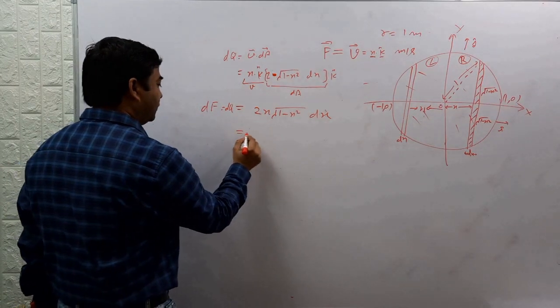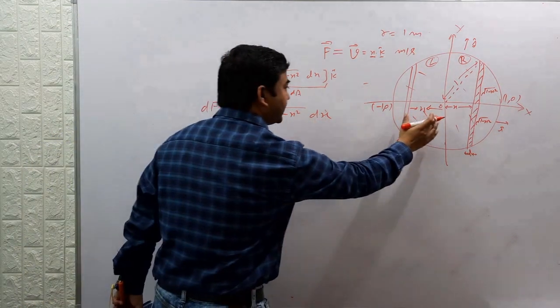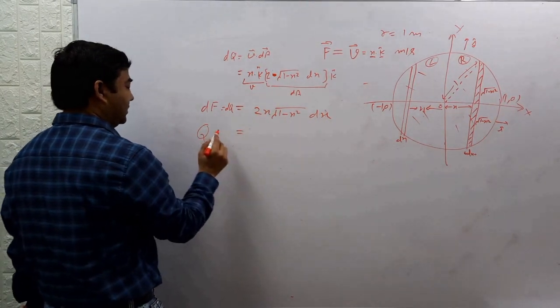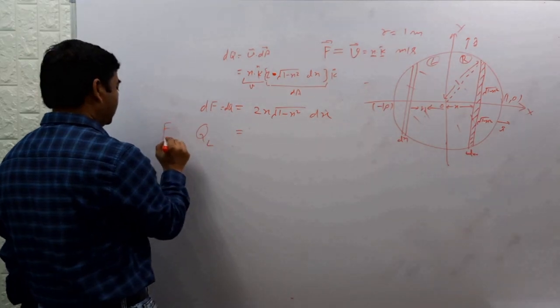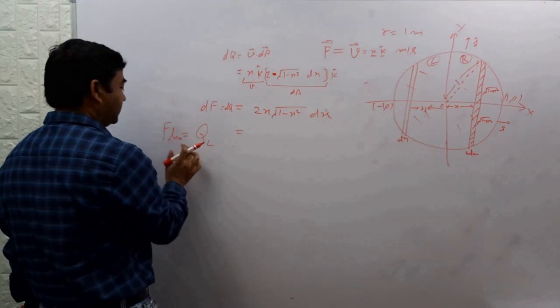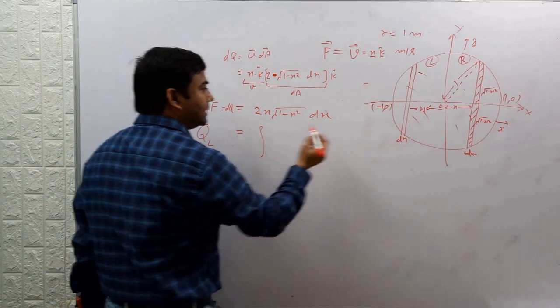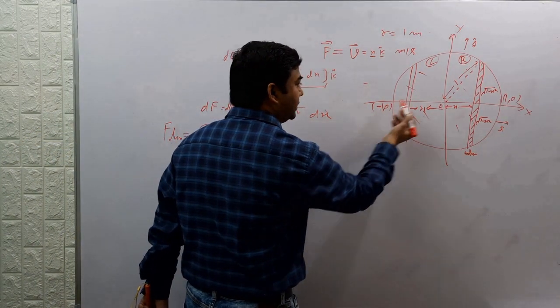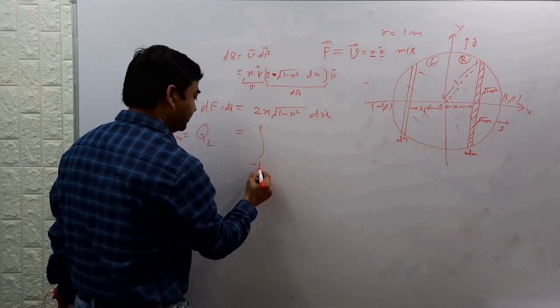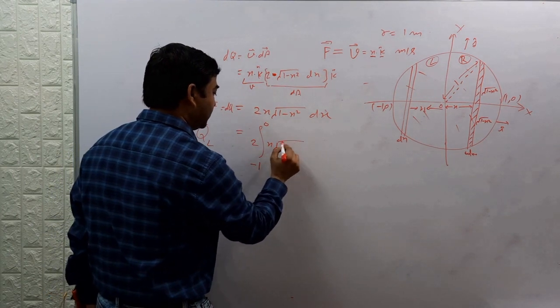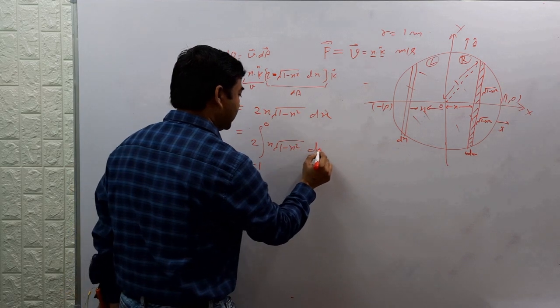Now to find the full flux in this left half, we will say QL. Flux for the left half is QL is equal to the integral, and the limit will change from -1 to 0, of 2x under root 1 minus x square dx.